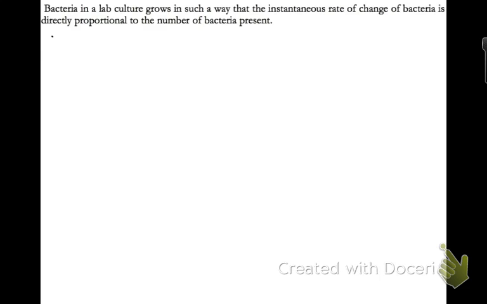So that tells us that the rate dB/dt, the rate of change of the bacteria, is equal to K times B. If we were to solve this differential equation, we could go through our process of separating the variables, or we can have memorized that B will be equal to some constant, which will be the starting amount of bacteria, times e to the K times t.